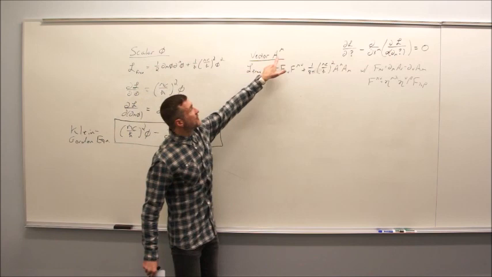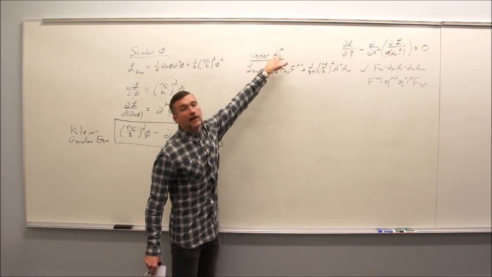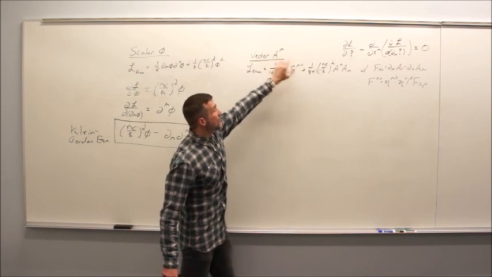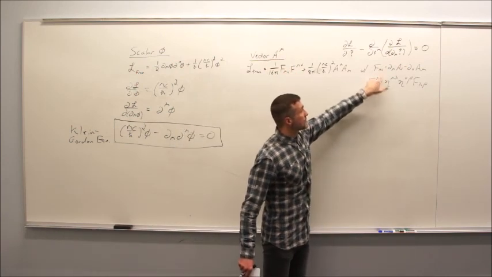So the vector field is this A. It's got an upper index like all vectors do. But it turns out that we really need to form this thing out of it.